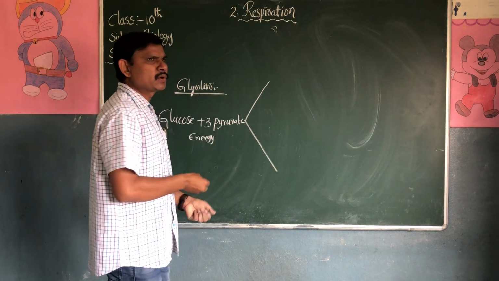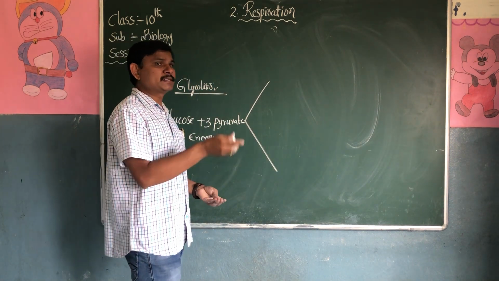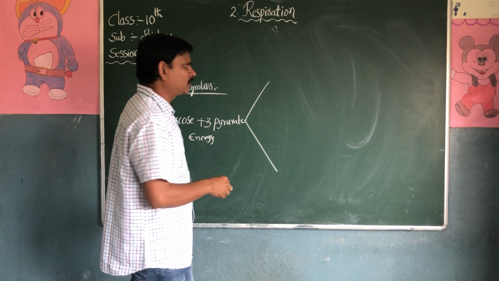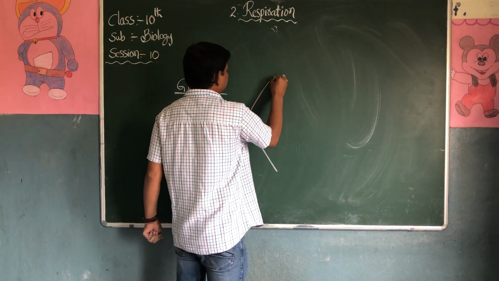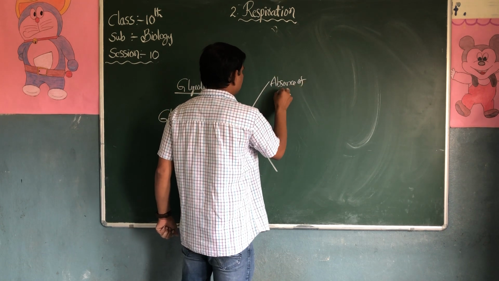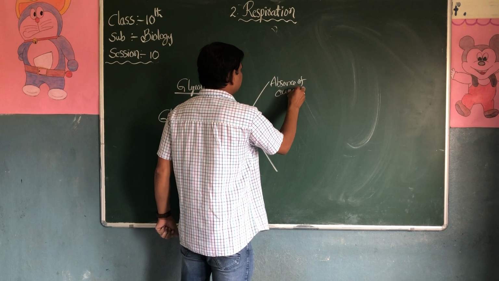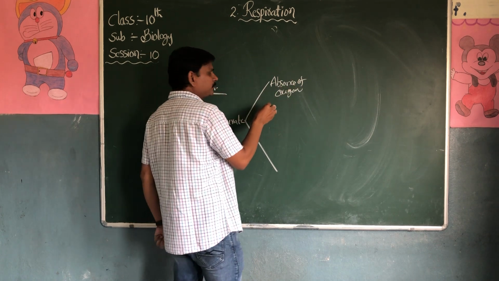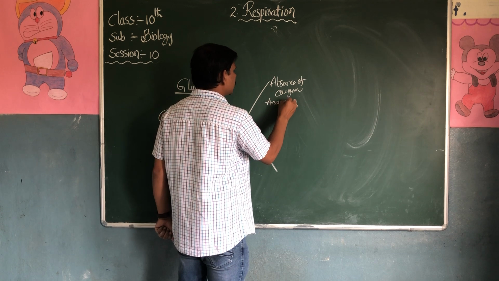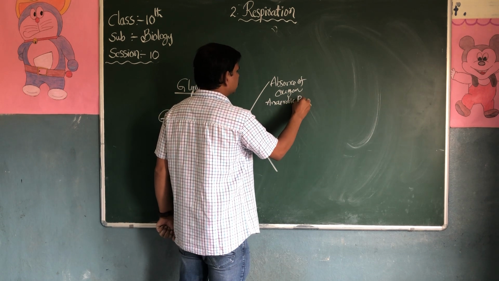How is the glucose going to break down, in the presence of oxygen or in the absence of oxygen? Breakdown in the absence of oxygen is called anaerobic respiration.